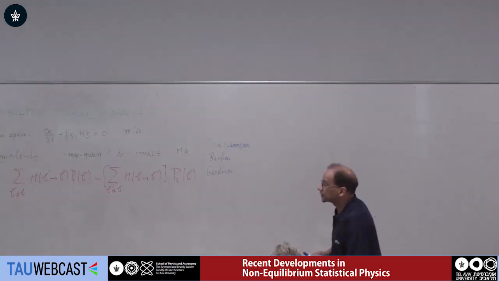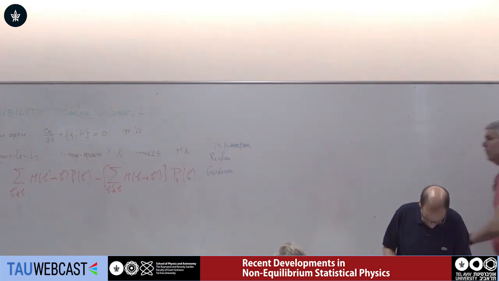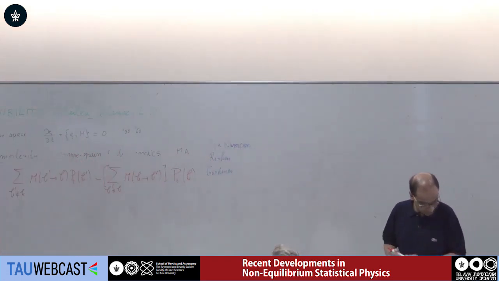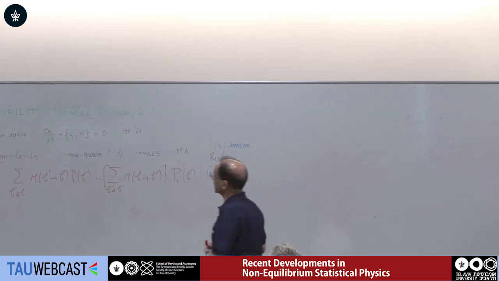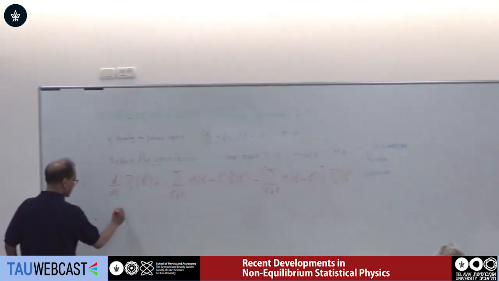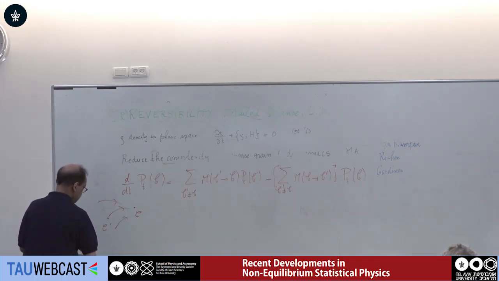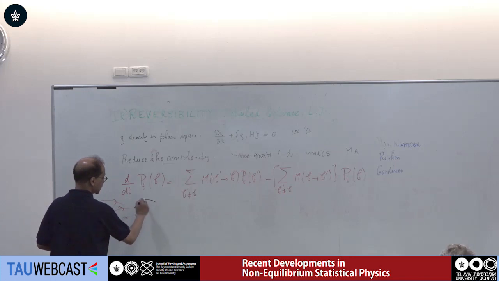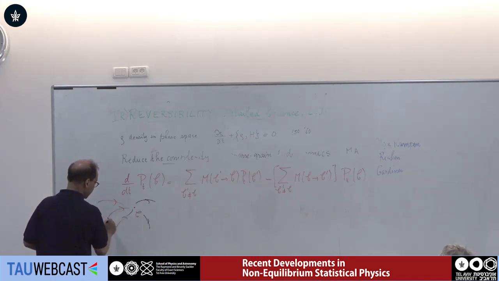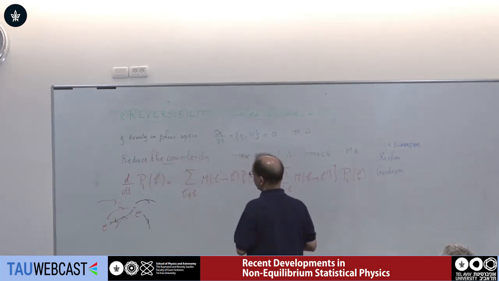Okay, this equation you can write in a more formal way, as a matrix. You see, it's a graph, in fact. I have configurations in the graph of my configuration space, and I have some configurations which are evolving to C, and C is evolving out to other configurations, or to the same ones, can evolve back to C prime, and so on. So you can represent this as a matrix.